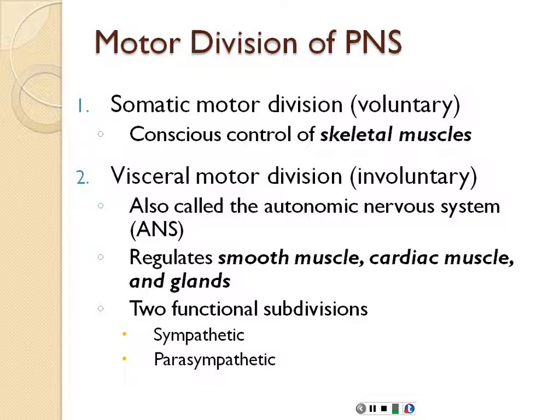Both the ANS as well as the endocrine system have major roles in homeostasis control. We won't hit on this until we get to that chapter, but you should know that the autonomic nervous system has two subdivisions in and of itself, the sympathetic and parasympathetic, which you all may have heard of before, I'm sure.